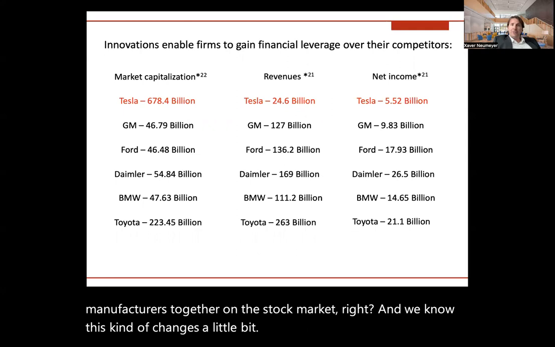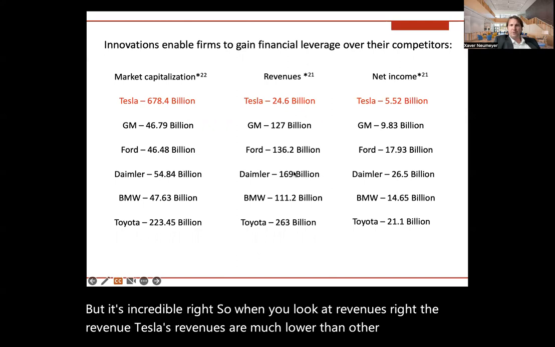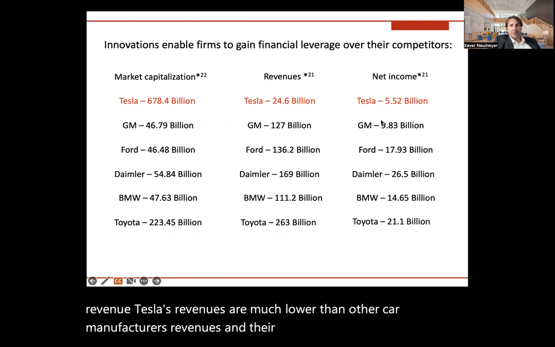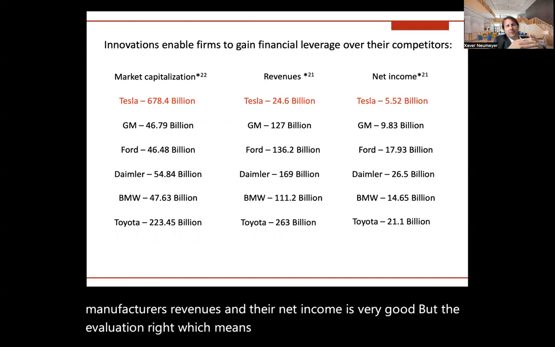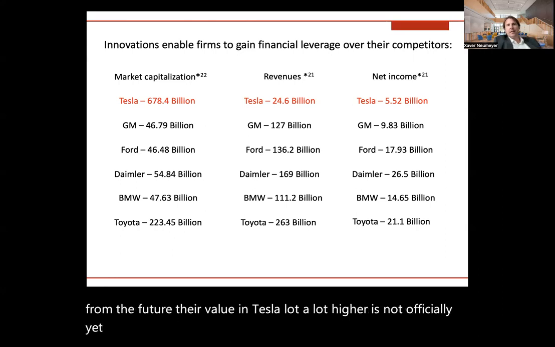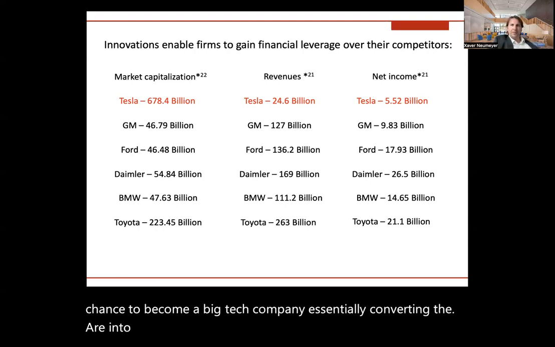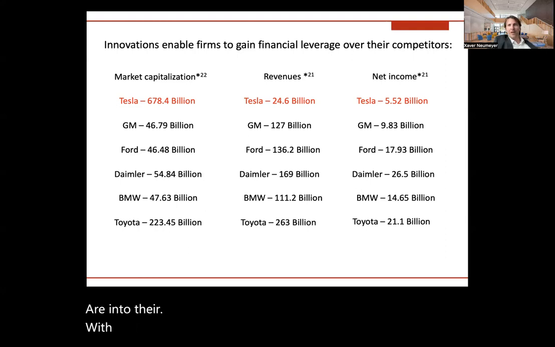When you look at revenues, Tesla's revenues are much lower than other car manufacturers' revenues. Their net income is very good, but the valuation, which means what people expect from the future, they are valuing Tesla a lot higher. It is not officially yet considered a big tech company, but has the chance to become one, essentially converting the car into their driving smartphone, so to speak.